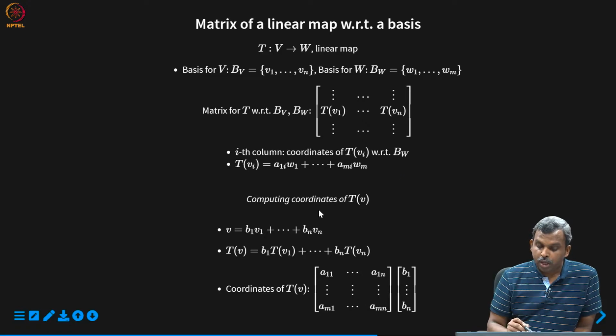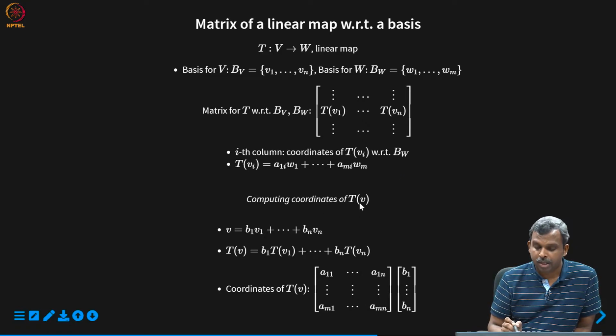So how do you compute coordinates for T of V? Given a vector V, you first express it in the original basis BV, as a linear combination of V1 and so on, and then you apply T to it. You know that this T is a linear map, so it preserves linear combinations. So you get B1 T of V1 plus so on till Bn T of Vn.